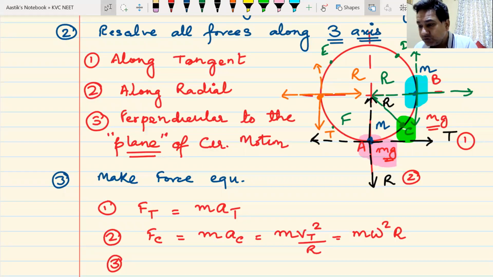I'll give you 2 minutes. What should the equation in the perpendicular direction look like? The diagram is right there on your screens. If this was the question and you had to make an equation in the perpendicular direction, what would the equation look like? I will give you 2 minutes to think on this. If you have any doubts, ask.